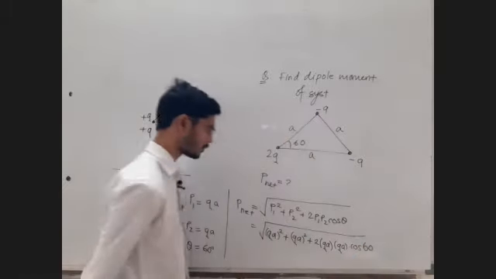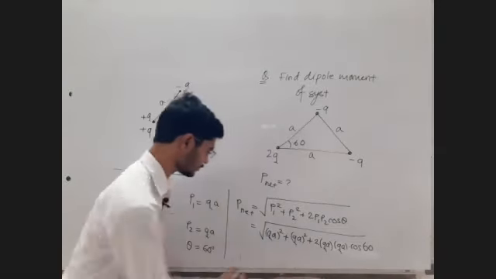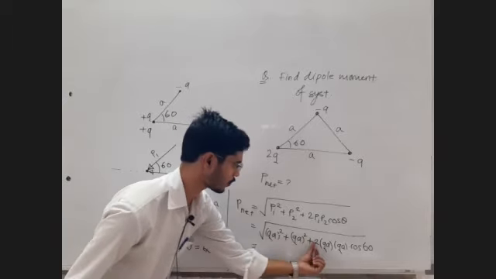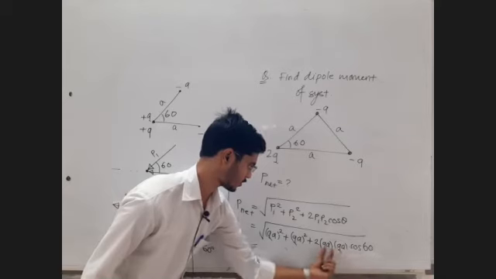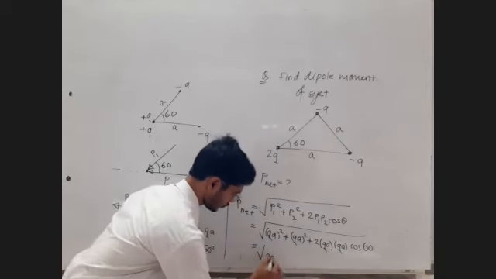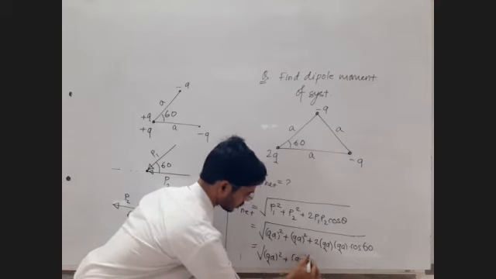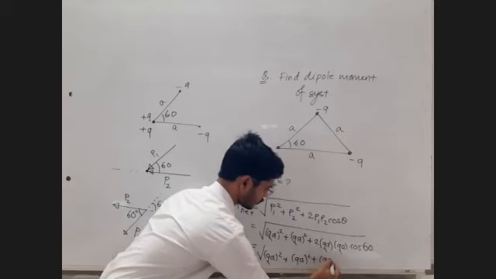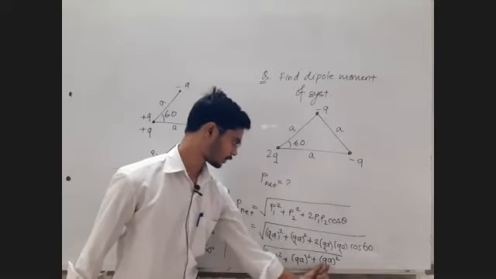Cos 60 is 1 half, and the 2 and the 1 half cancel. So q into a bracket square, plus q into a bracket square, plus q into a bracket square: 1, 2, 3.